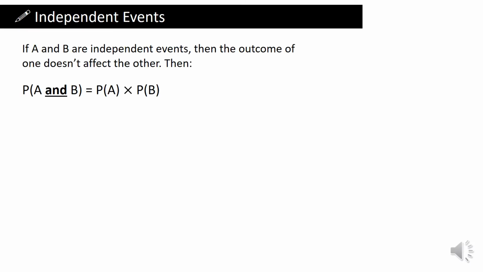So what we saw before half term, we looked at independent events, and we saw that if A and B are independent, so the outcome of one doesn't affect the outcome of the other, then the probability of A and B happening was the probability of A times the probability of B. And what this meant was that we could make probability trees, so having event A here and then event B on the second branch.